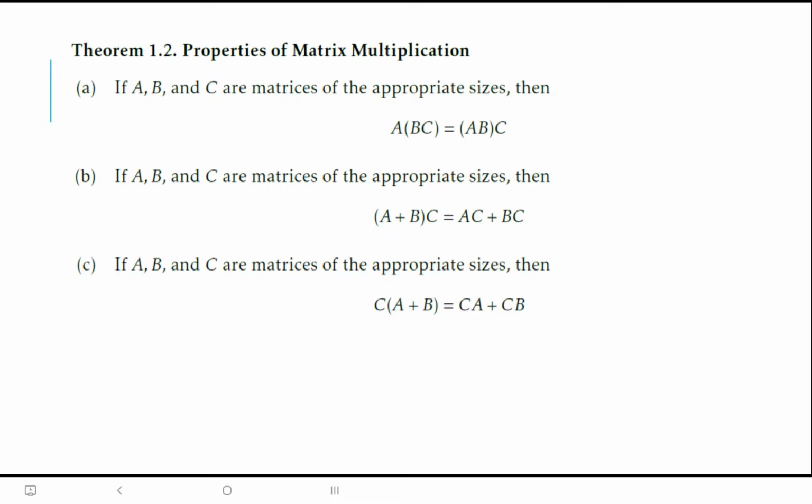And then we have here the third property. So again, if A, B, and C are matrices of appropriate sizes, then ito naman ay distribution property of addition over multiplication. Okay, so C times A plus B is just equal to CA plus CB.